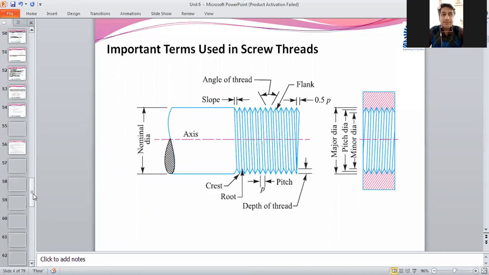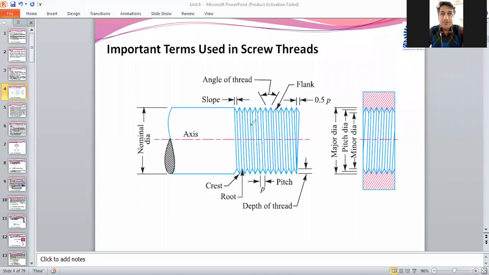So first of all we are going to see the terms, that is the nomenclature of threads and screw. In this diagram, all the nomenclature which is required to be known is mentioned.